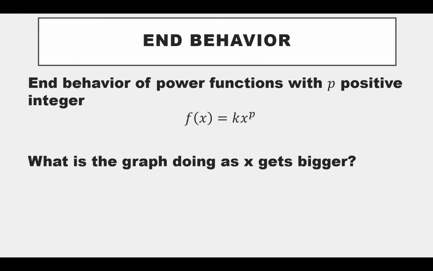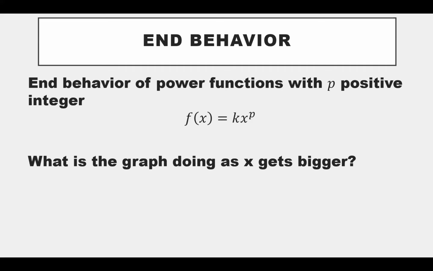So this is what we describe as the end behavior of a graph. In particular, we're going to look at the end behavior of power functions where p is a positive integer. By end behavior, we're saying what is the graph doing as x gets bigger?